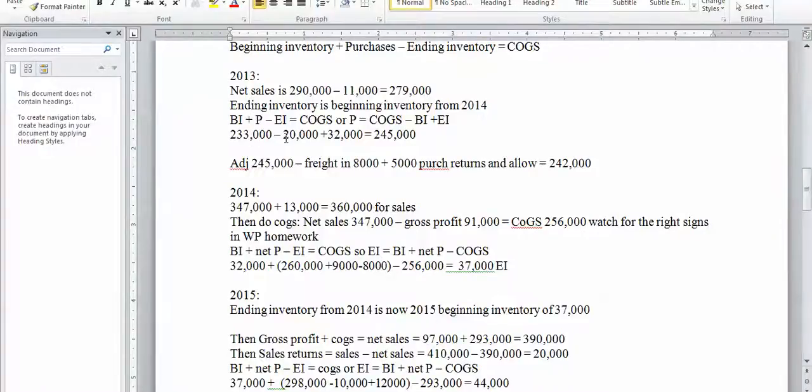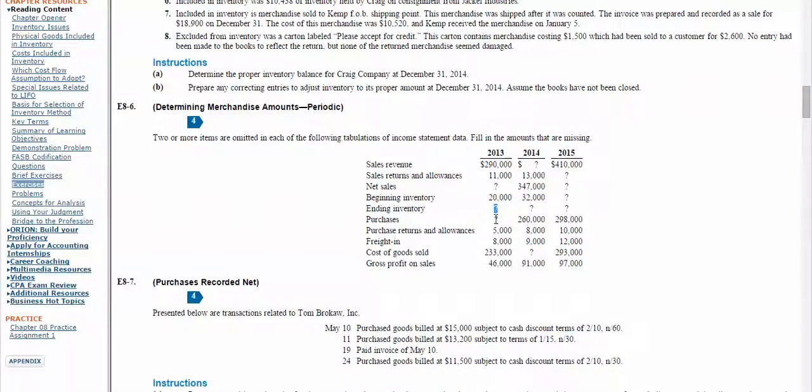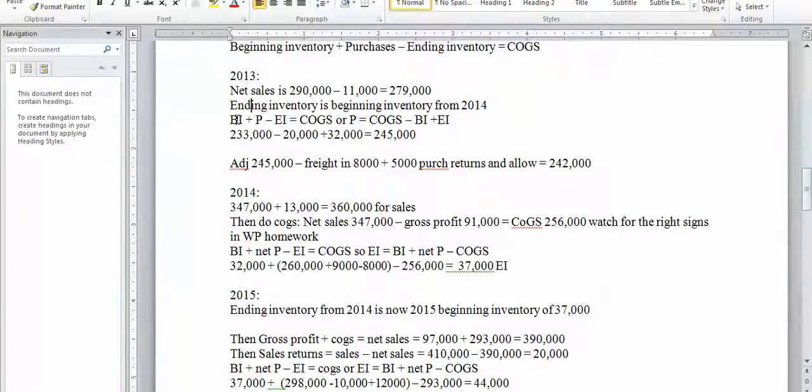Now we know enough to get the purchases. We take beginning inventory plus the purchases minus the ending inventory equals cost of goods sold. We can manipulate that to be purchases equals cost of goods sold minus beginning inventory plus ending inventory. It's the same formula, I just manipulated it algebraically.